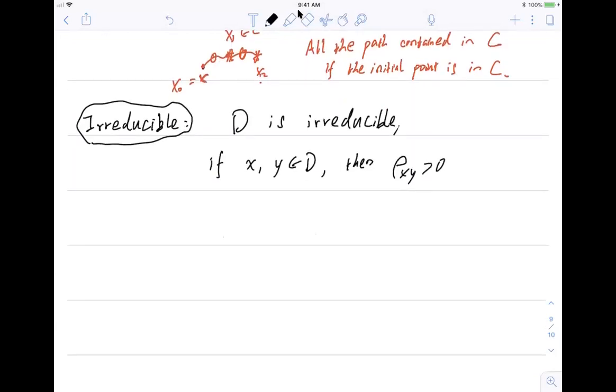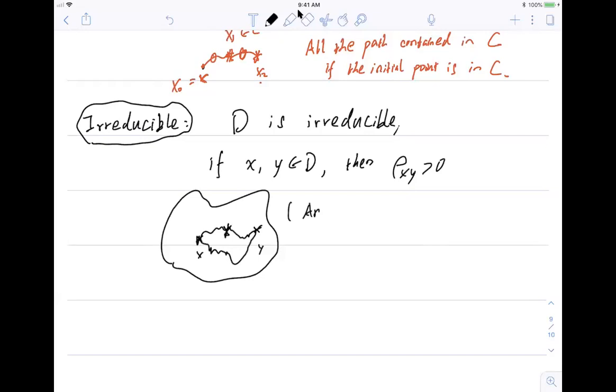This means any point in D can be connected, not just from x to y but also from y to x. So any two points in D can be connected by a path.